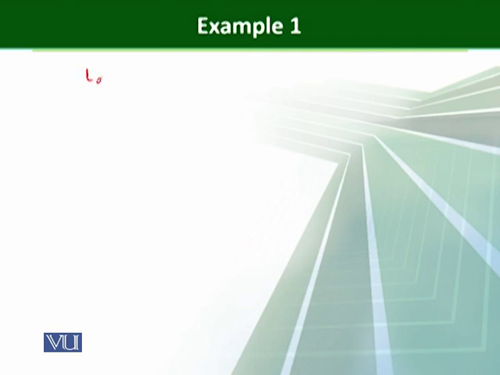So let's say under the null hypothesis, I just write down L naught, and our distribution is normal, so that is 1 over 2 pi sigma naught square raised to power n over 2 into e raised to power minus 1 by 2 sigma naught square into sum xi square.